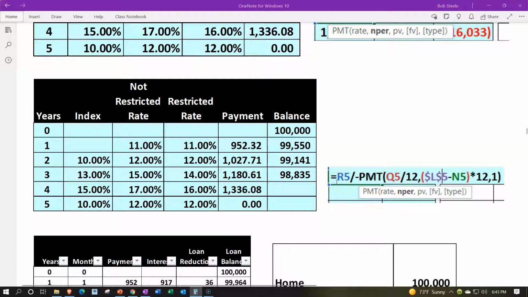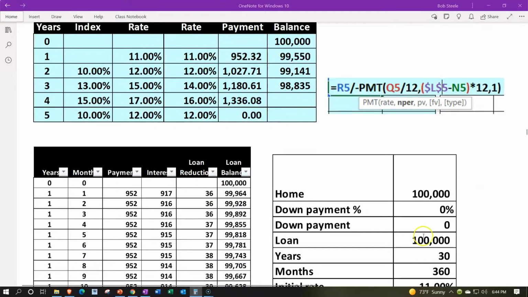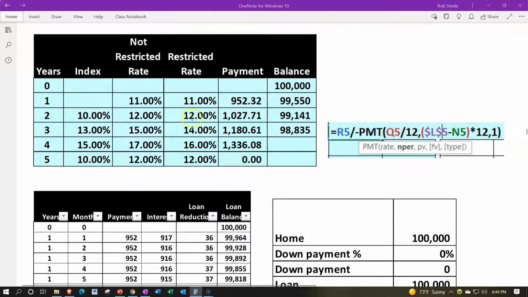Calculation looking like this, R5, which would be the payment divided by the payment calculation rate, then being the 14% divided by 12, comma, number of periods, which would be L5 in years, 30, minus N5, which would represent that 3, closing the brackets, that's the years times 12 to get the months, comma, and then you got the present value, which is 1, giving you the 98,835, which would then populate if you copied the payment formula down the next payment. Let's check to see if that 98,835 is at the end of year 3.